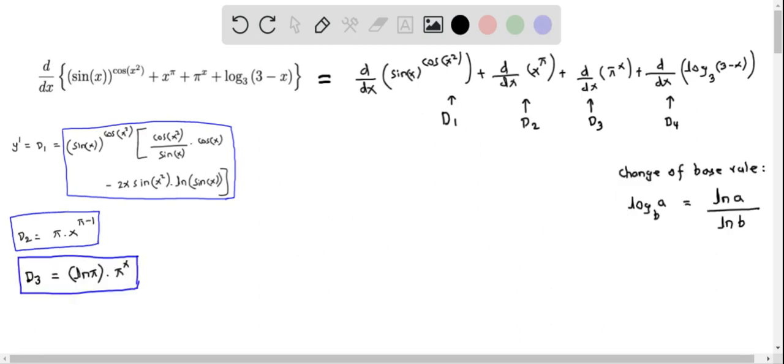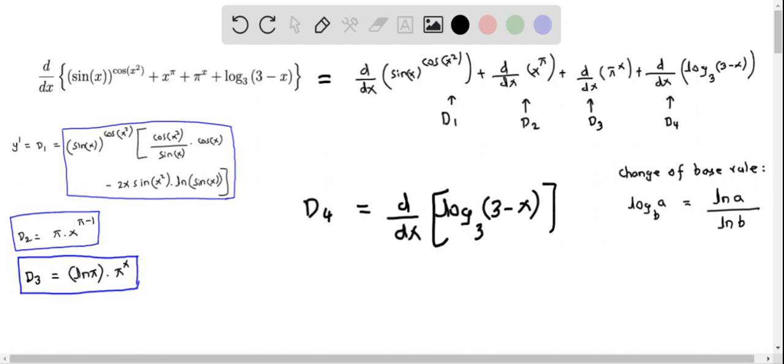Let's find d4, which is the derivative of the expression log of 3 minus x to the base 3. So d4 is the derivative of this expression log of 3 minus x to the base 3. First, before I find the derivative, I'm going to rewrite this logarithm using the change of base rule, which I have given over here.